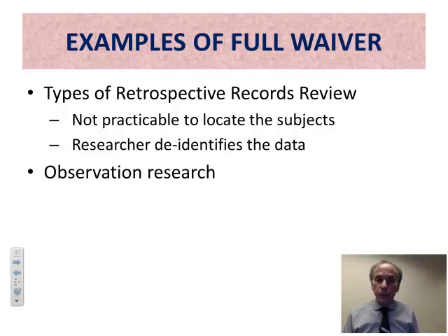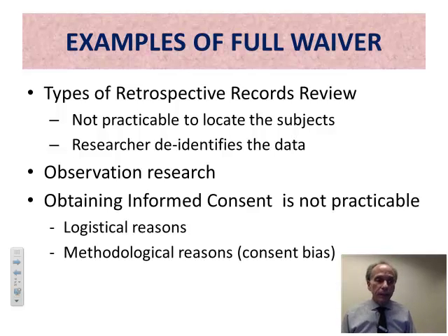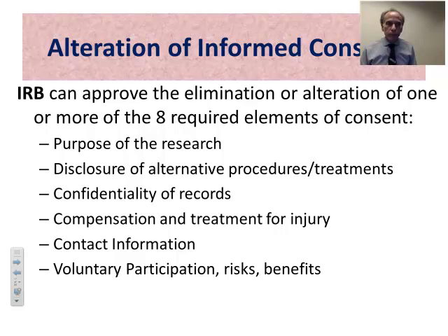Research involving observational research, and obtaining informed consent might be not practicable for reasons that we have already discussed, and this includes logistical reasons and methodological reasons. In addition to approving a full waiver, an IRB may approve the elimination or alteration of one or more of the 8 required elements of informed consent, and these are listed in this slide.